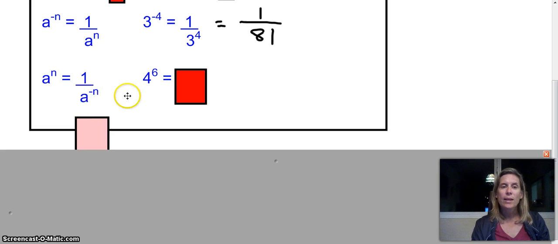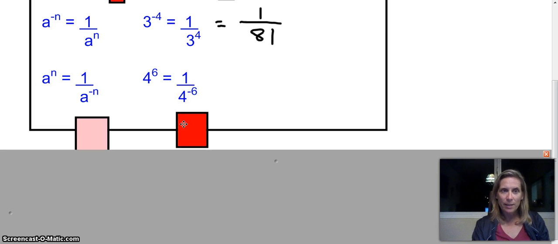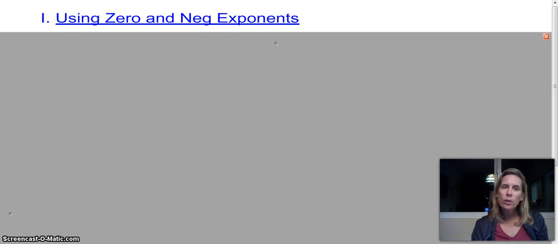Very good. So let's try that with a real expression, a real number. 4 to the 6th equals 1 over... Good. 4 to the negative 6. Good. Okay, let's try to use 0 and negative exponents.